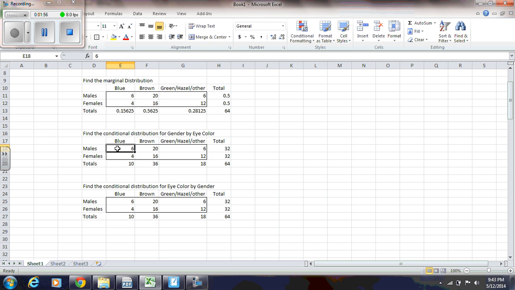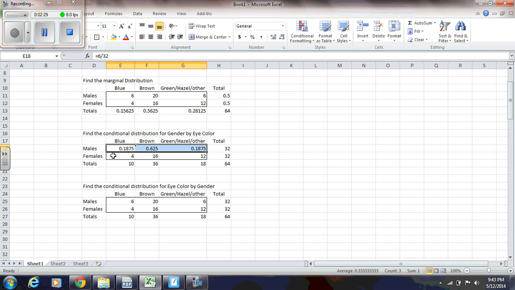We're going to take the males for blue and divide by 32, which is the total for all the males. And for the brown, take 20 divided by 32. For the green or other, that's 6 divided by 32. This would be the conditional distribution for males by eye color.